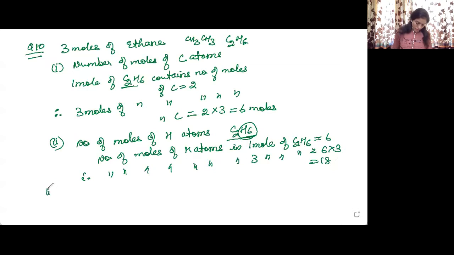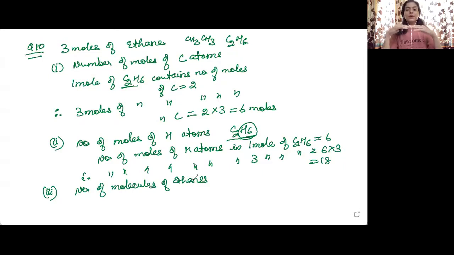The next is the third part: the number of molecules of ethane. We need to find out the number of molecules of ethane in 3 moles of ethane. Now, when we are talking about the number of molecules, suppose we have 1 mole of hydrogen, 1 mole of water, or 1 mole of carbon dioxide, the number of molecules of carbon dioxide in 1 mole of carbon dioxide will be equal to Avogadro's number.